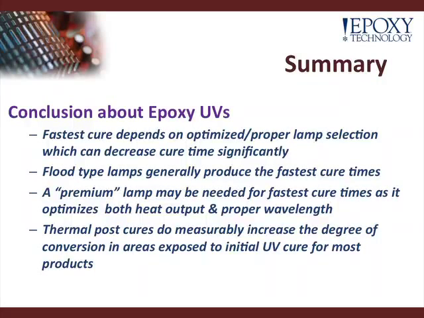Additionally, heat, such as that from a flood lamp, can produce faster cures. The takeaway for the UVs: a premium lamp for a premium product. The better lamps are going to give you faster, better cures. And finally, thermal post-cures do measurably increase your degree of cure and your quality of cure.